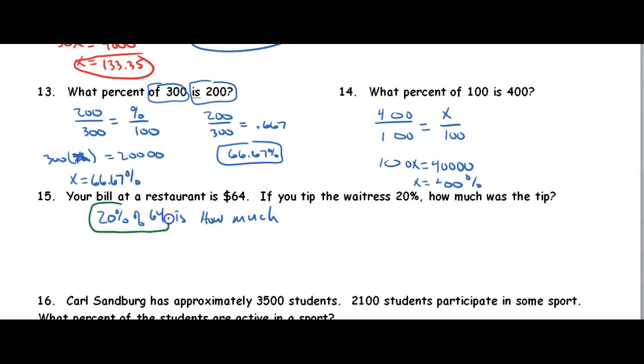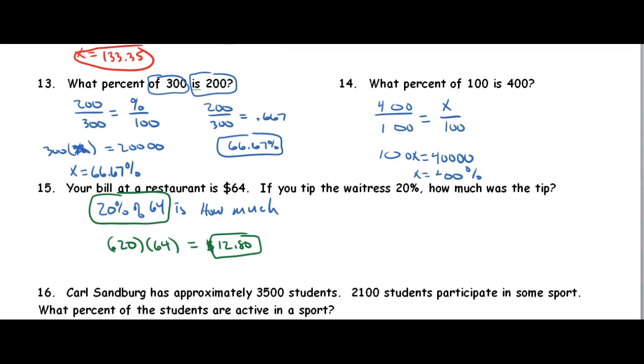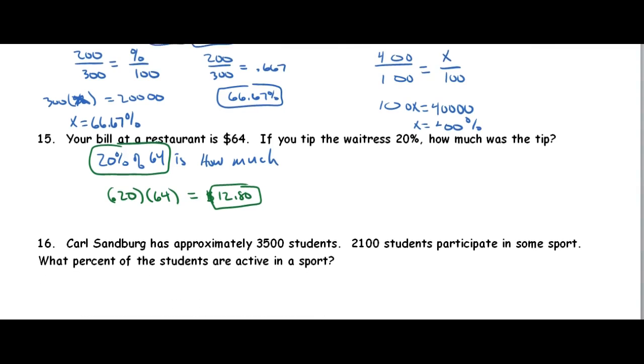To figure out a percent of a certain amount, you basically just take the percent, change it to a decimal, 0.20, and multiply it by the amount. And when you do 0.20 times 64, you get $12.80 would be an appropriate tip.